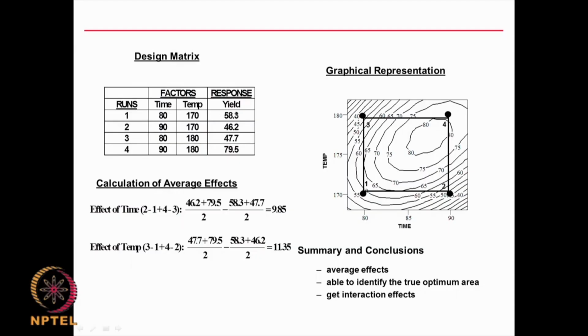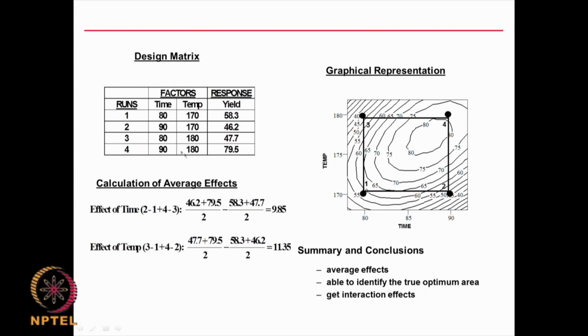So, I am looking at say time and temperature, and I am getting the yield here. What will be the effect of time, for example? Experiments 1 and 3 make use of time at 80, and experiments 2 and 4 make use of time at 90. So, what I do is add these 2 results, divide by 2, then add these 2 results, divide by 2, and subtract one from the other, that will give you the effect of time.